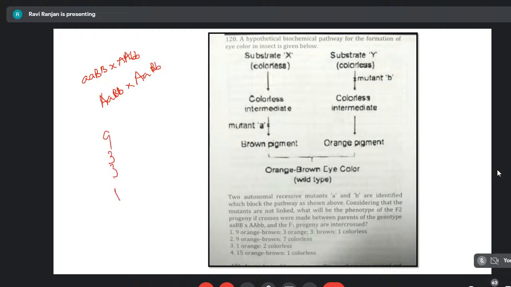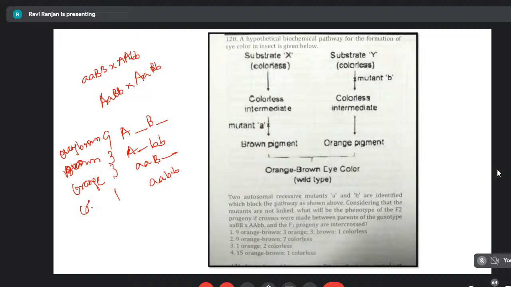When you cross this, you get 9 A_B_, 3 A_bb, 3 aaB_, and 1 aabb. When you have both of them, you get orange-brown. When you have only A and no B, you get brown. Sorry. And if you have only B and no A, then you will have orange. And when you don't have anything, it will be colorless.